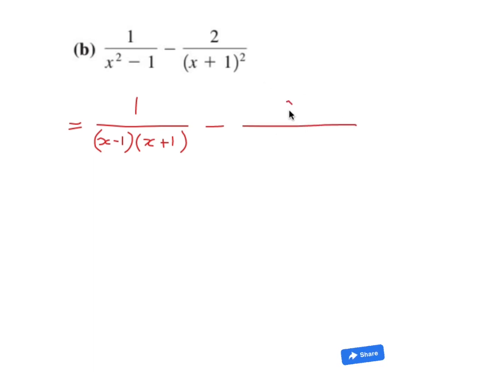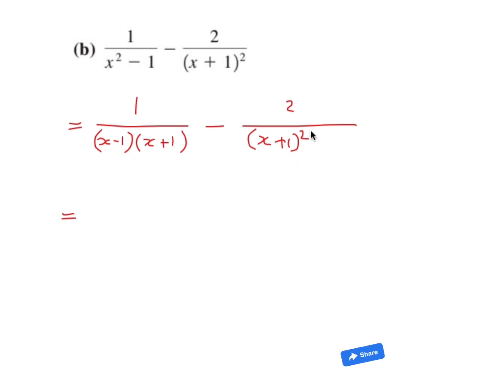Okay, here 2 over x plus 1 square, so can we write x plus 1 times x plus 1? Or no need, we can just write square.